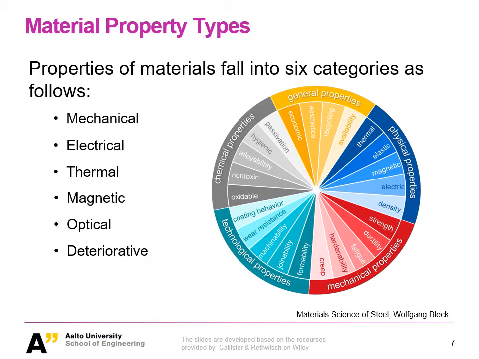Then we also focused on different property types. We have 6 major properties, and so far we have been mainly focusing on mechanical.